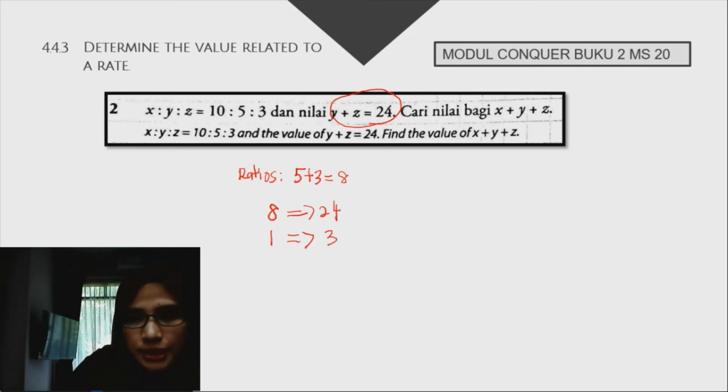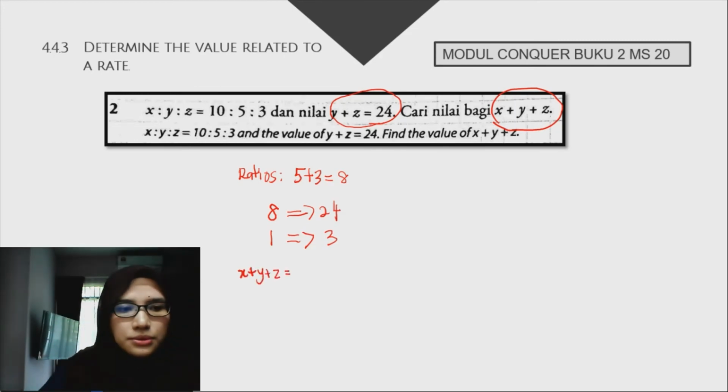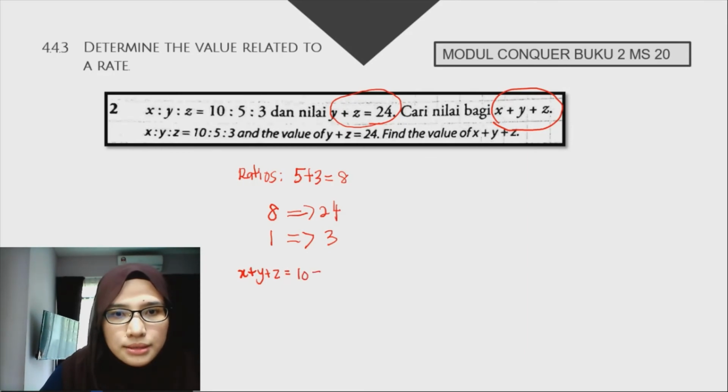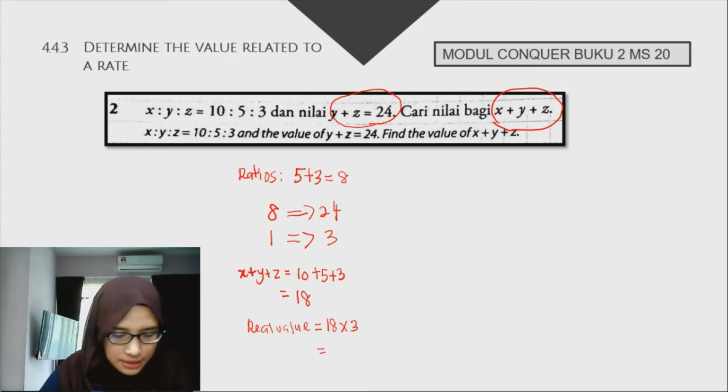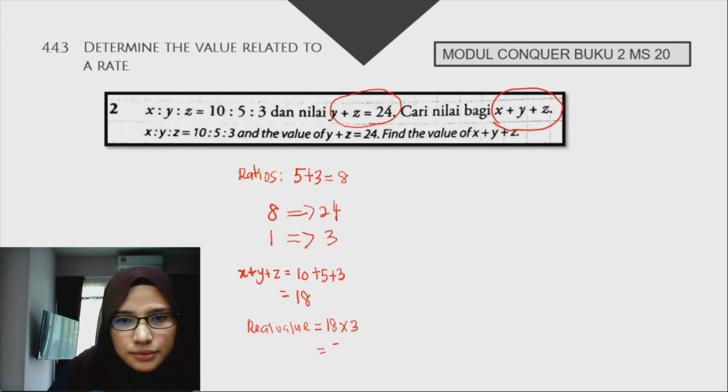So you want to find x plus y plus z. In ratios, x plus y plus z is equal to 10 plus 5 plus 3, that is 18. So your real value is 18 times 3, that is 54.